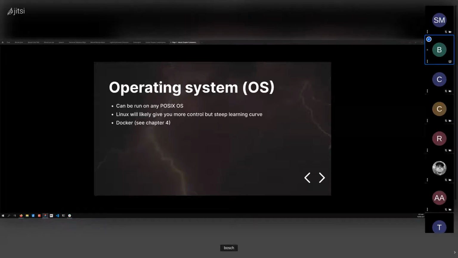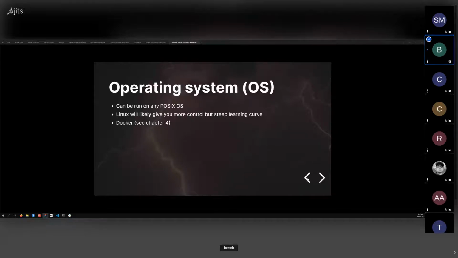Next thing to consider when thinking about setting up your Lightning Network node is the operating system you want to run it on. It can run on any POSIX operating system, which is an interoperable standard that makes all the different operating systems like Linux, Windows, Macs interoperable. So it's pretty versatile with Lightning Network.